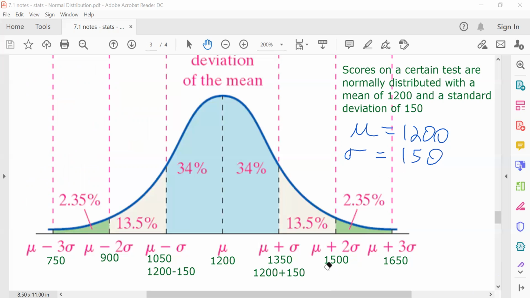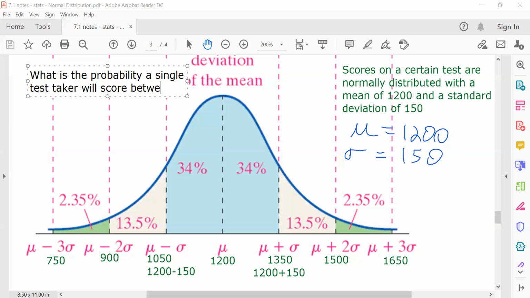What if I wanted to know the probability they would score between 1500 and 1650? In other words, what is the probability a single test taker will score between 1500 and 1650?